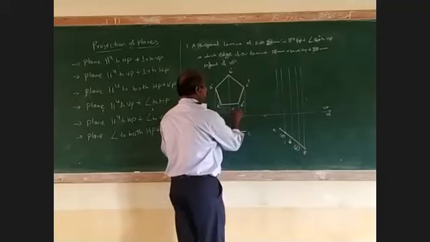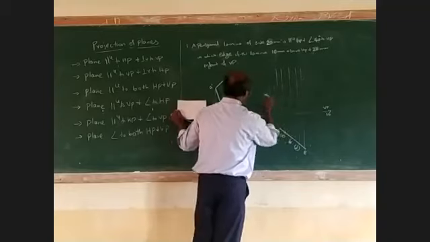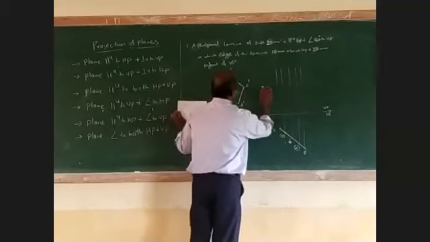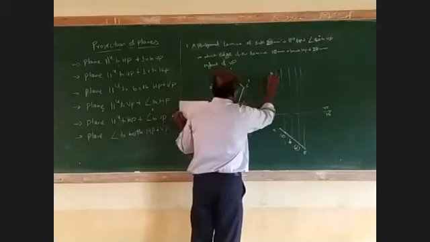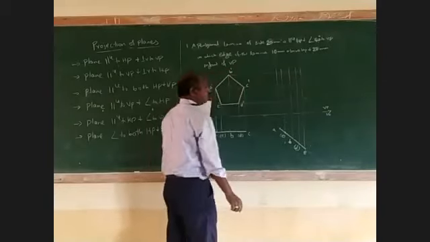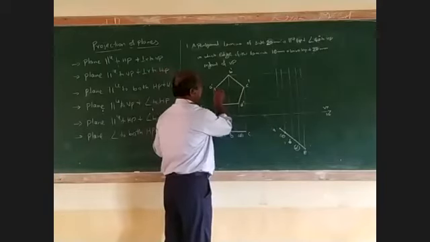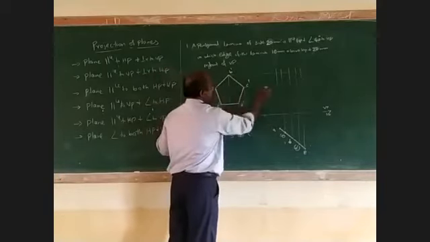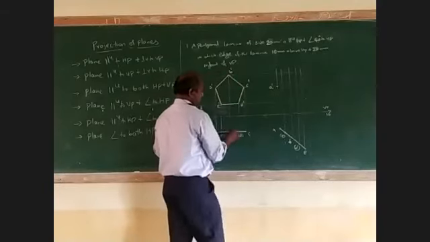Now draw a line parallel to the reference line at each and every point. Then you have to find the intersecting point. Here A and A dash, the intersecting point is A1 dash.